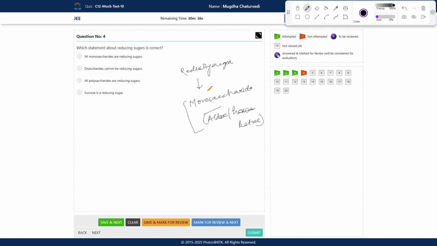And one more very important property is that they reduce Fehling solution and Tollens reagent. So the right answer will be that all monosaccharides are reducing sugars.